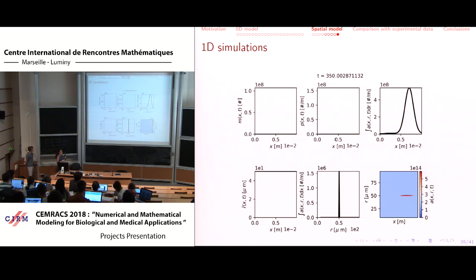We don't see the displacement again. We see that all the adipocytes are concentrated in correspondence to the maximum radius, and we can see it from this plot and also this one. So we see that all the adipocytes are concentrated here.